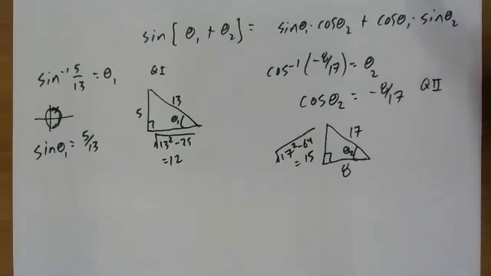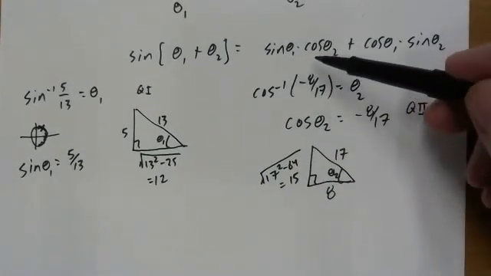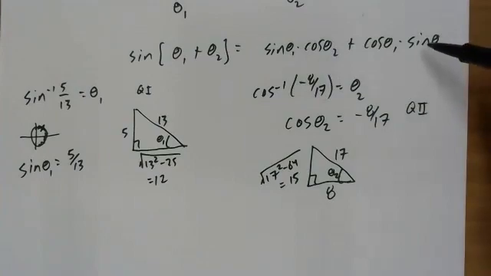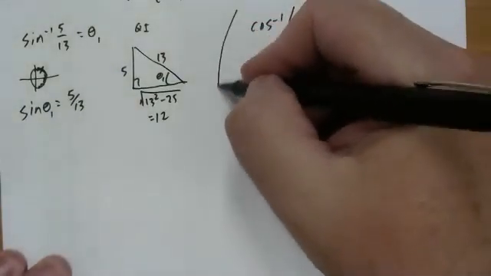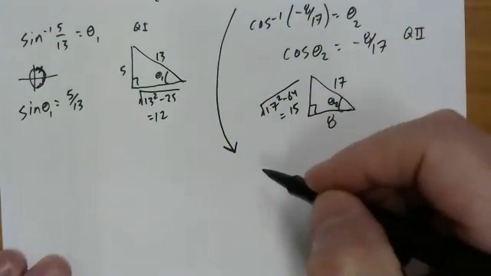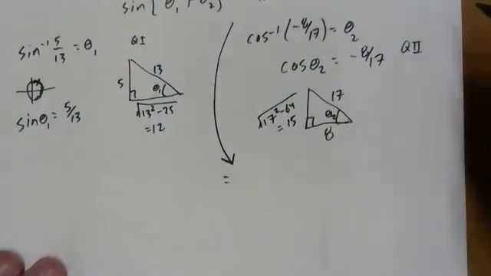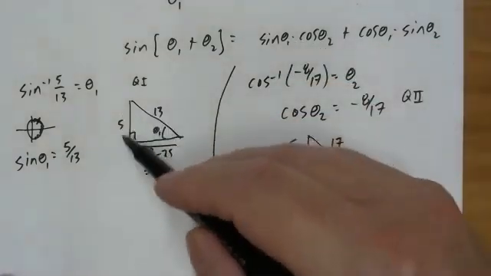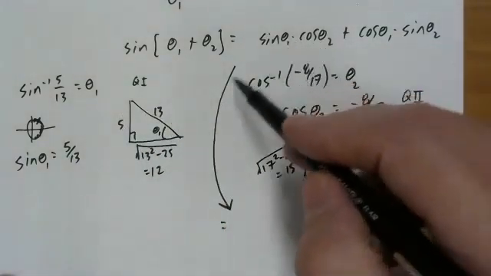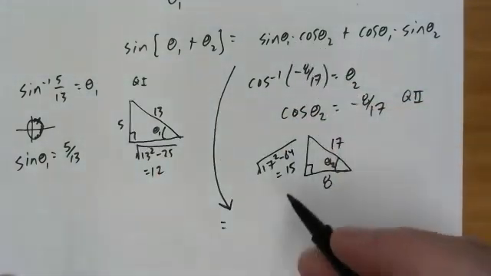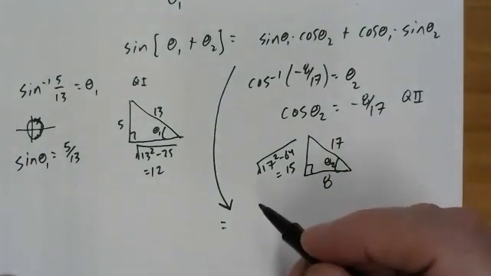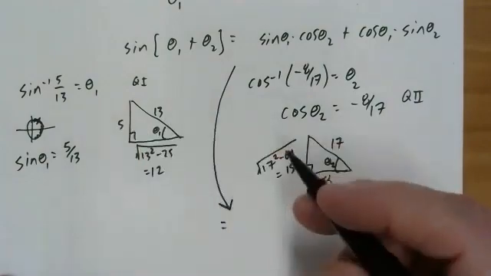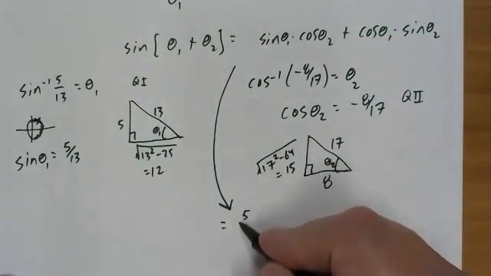So by doing this, I now can actually plug in numbers for all these here. So let me try and do this. So sine of theta 1, this is my triangle for theta 1. Of course, I already know the sine. Sine of theta 1 is 5/13.